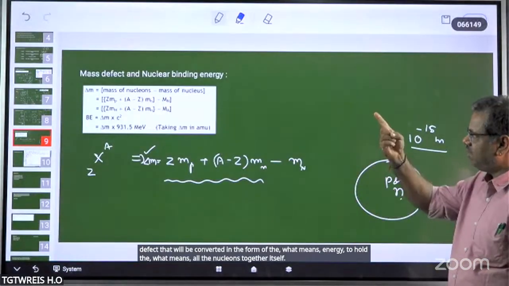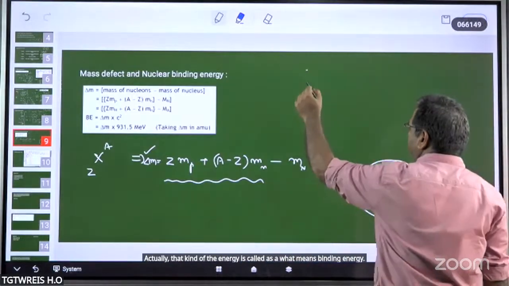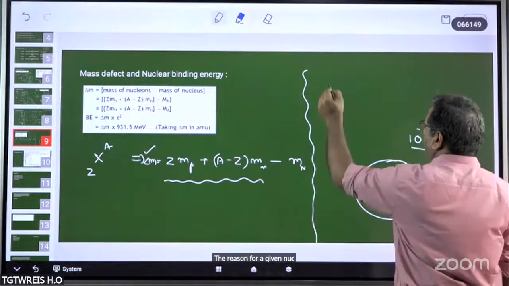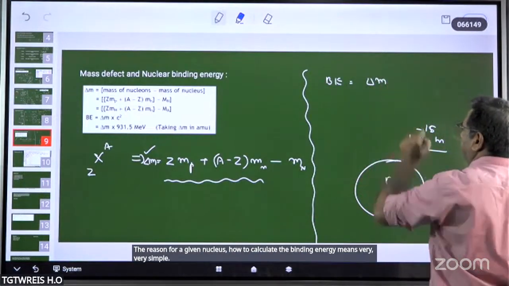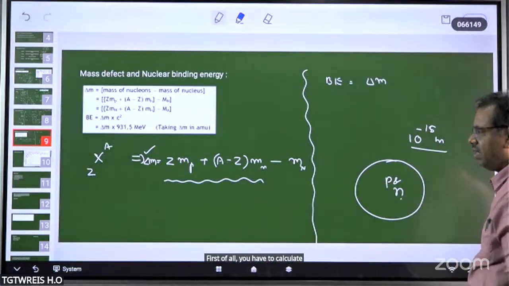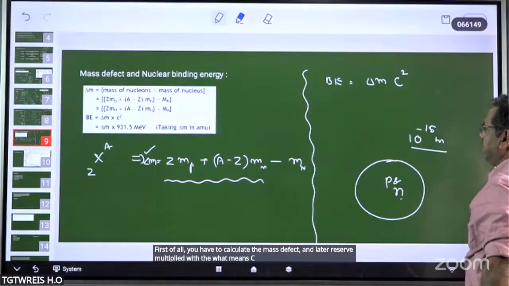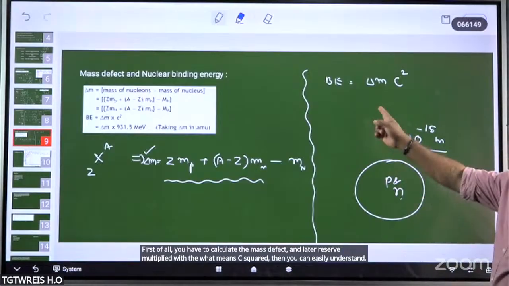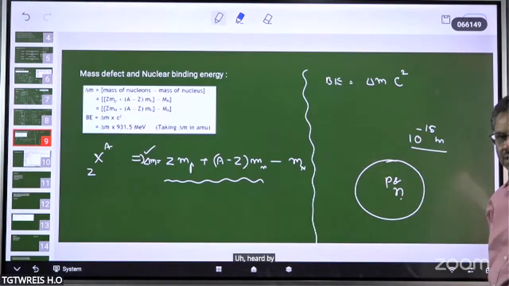That kind of energy is called the binding energy. For a given nucleus, how to calculate the binding energy is very simple. First, you calculate the mass defect, and then multiply it with c square. Then you can easily find the amount of binding energy of that particular nucleus.